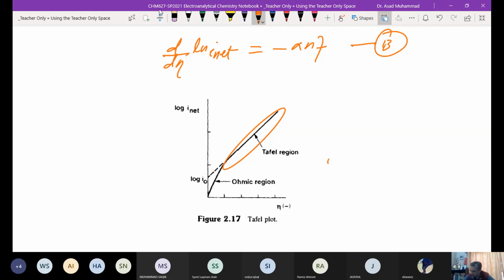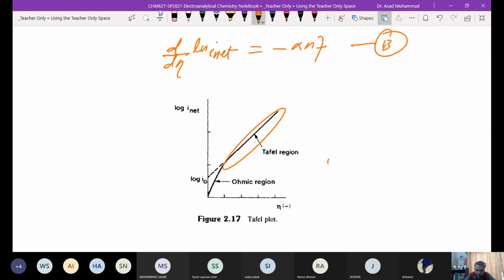Now, if you have the Tafel plots, you can get certain values from it. One is the exchange current, and from the exchange current you can measure the transfer coefficient.